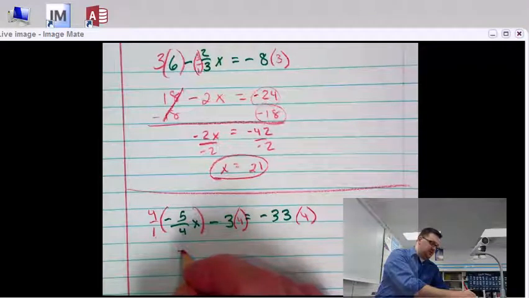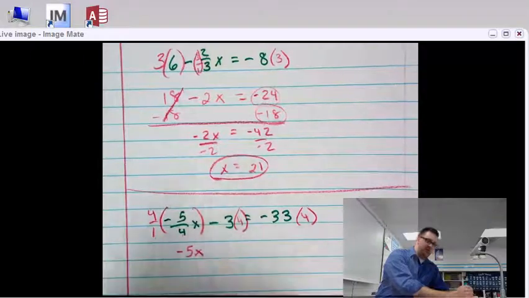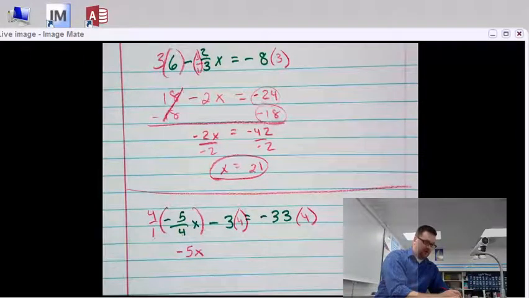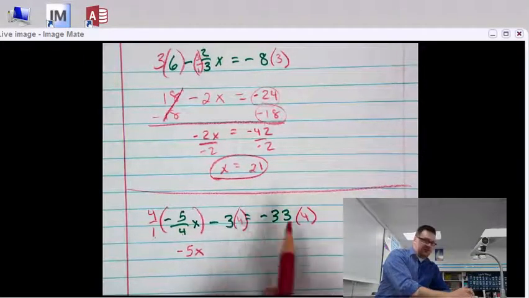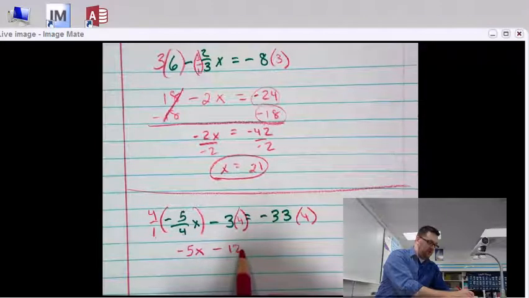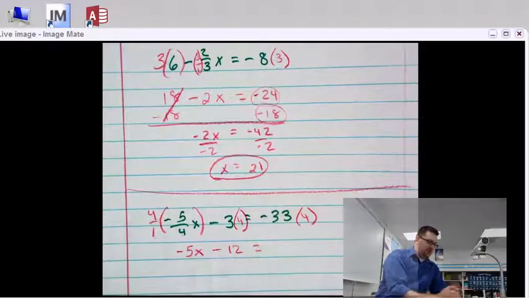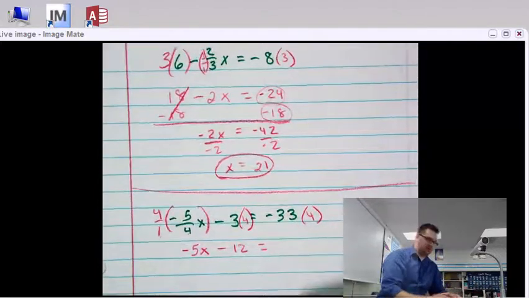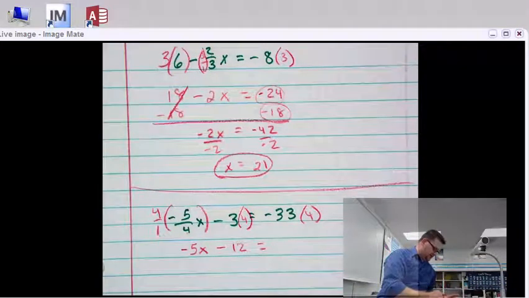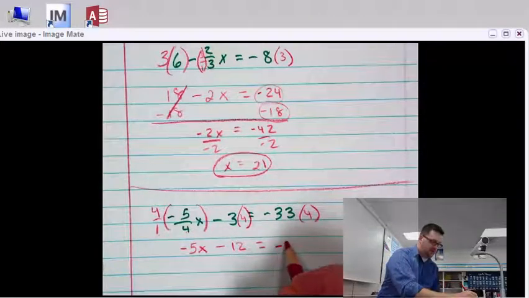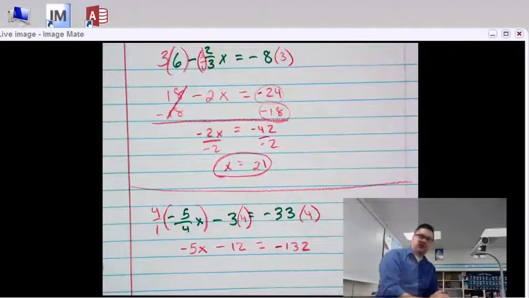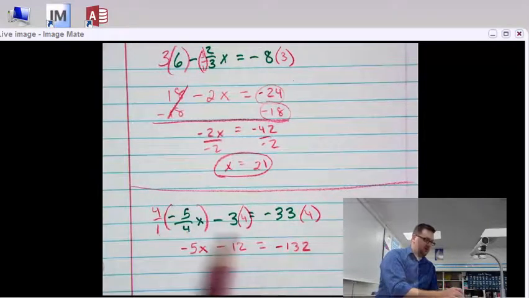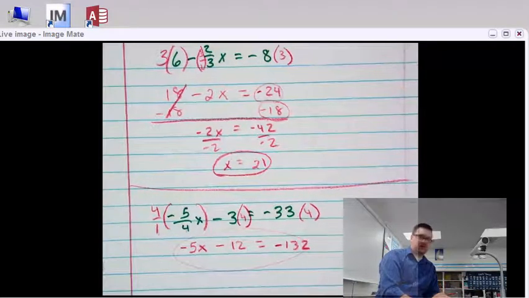That should give you -5x, and hopefully you actually did that in your calculator. -3 times 4 is -12, and -33 times 4 is -132. But again, keep in mind the purpose: no more fractions.